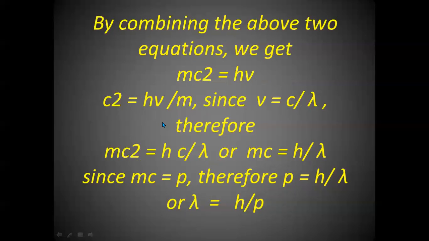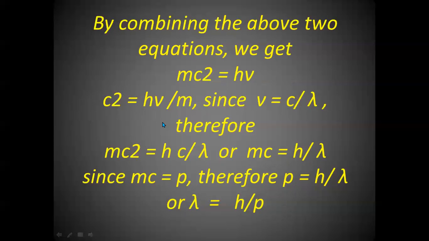For example, if we consider a small body like an electron and a big body like a cricket ball, then you can say the wavelength of the wave of the electron is more significant than the wavelength of the photon emitted or absorbed by a body like a cricket ball.